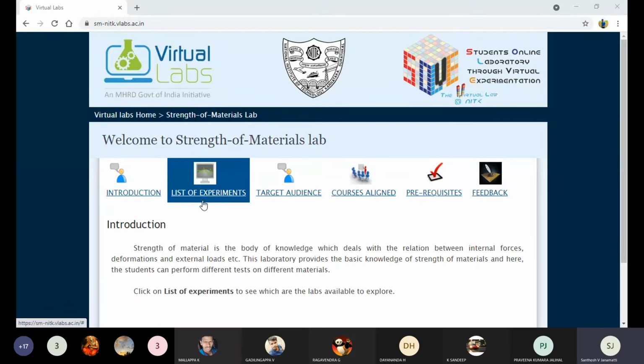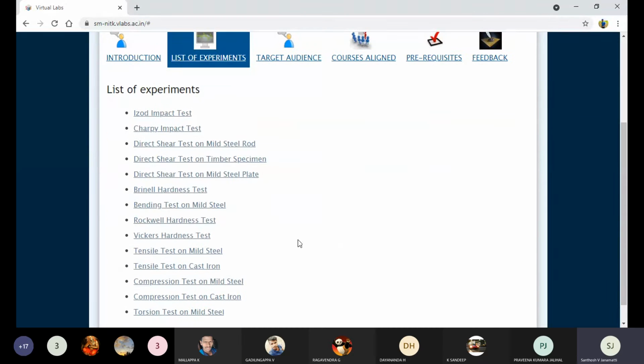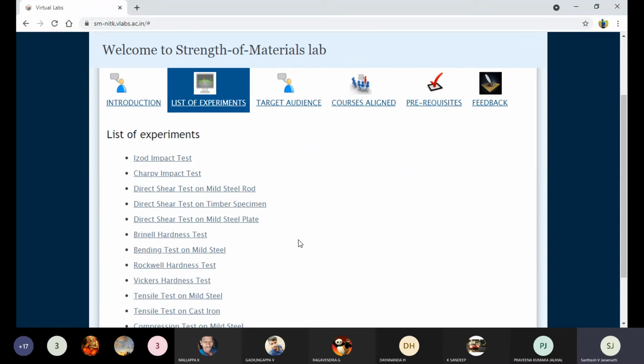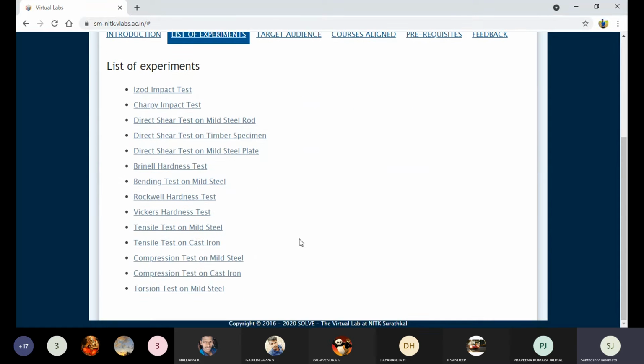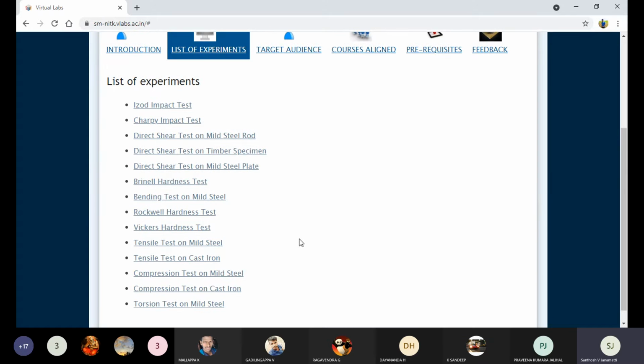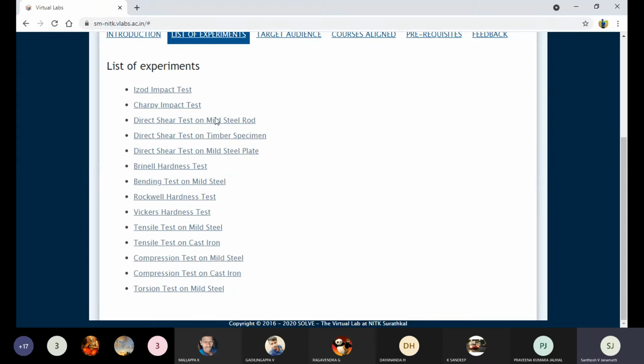Now we'll move on to the list of experiments. Here in this particular virtual lab, we have almost 80% of the tests we can carry out. This is the list of experiments.